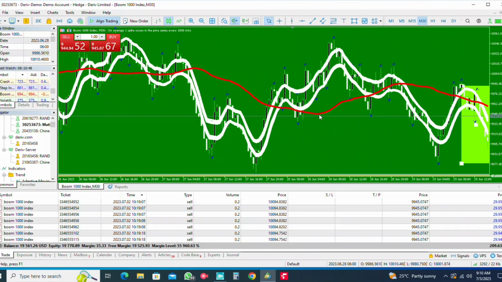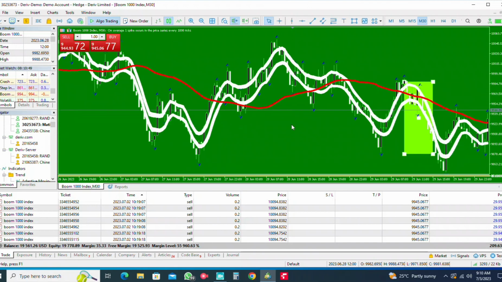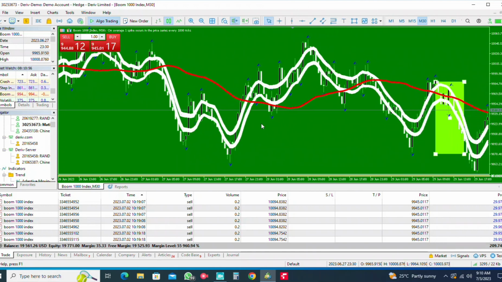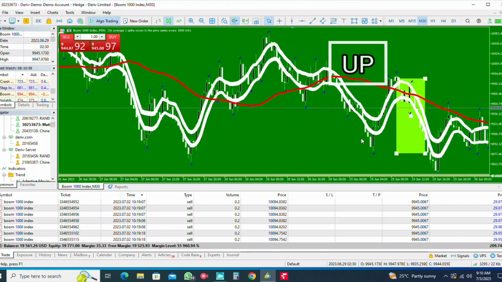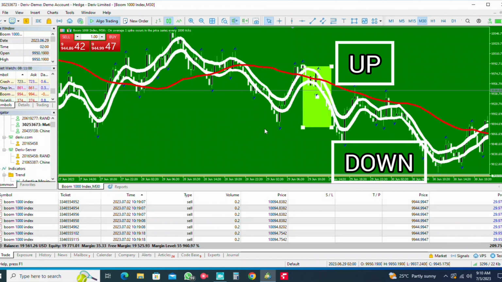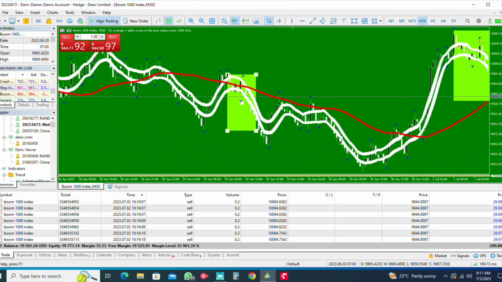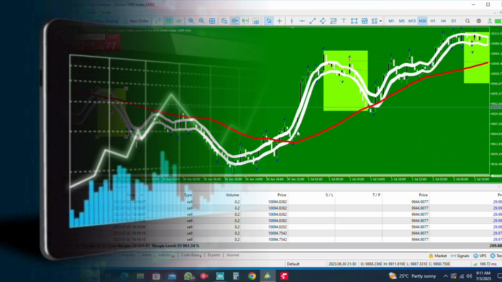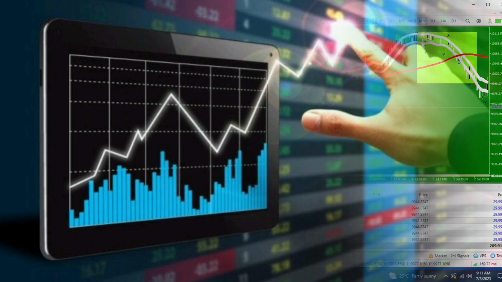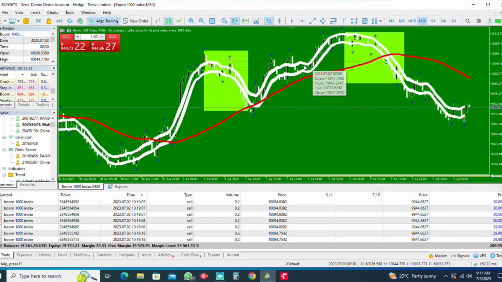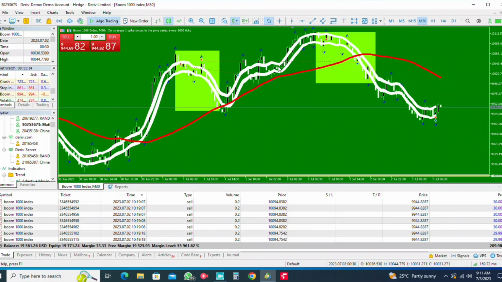You can see it follows the market up and down, up and down. You can see it from the previous markets.